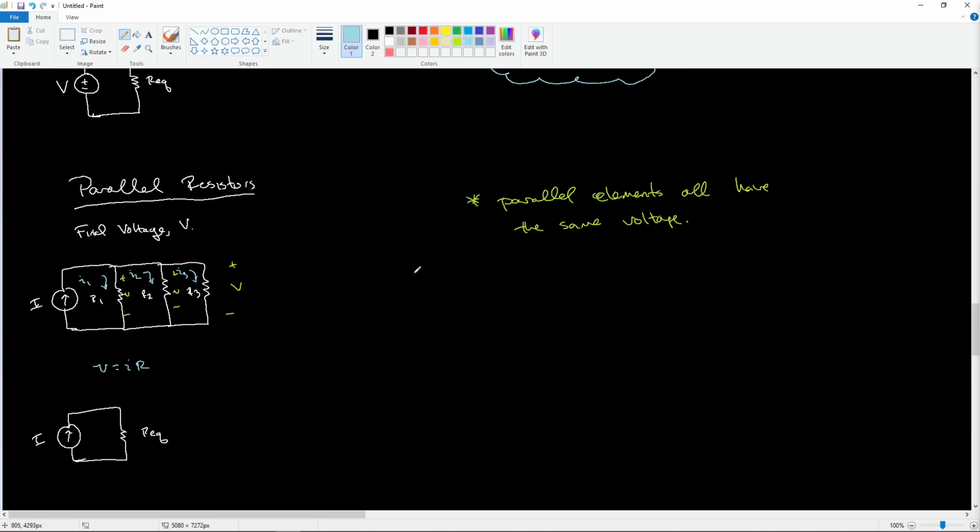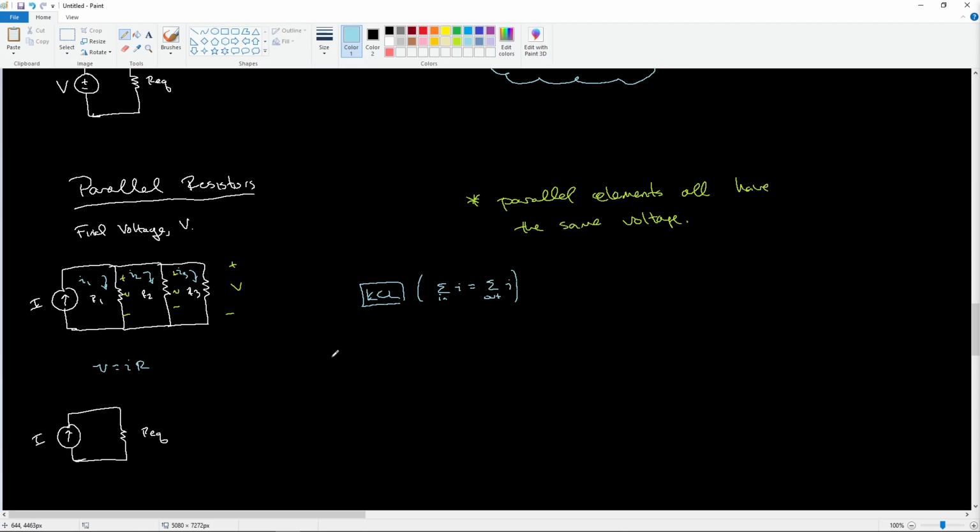So if I do a KCL, looking at this node, our current source I is entering our node. It's supplying current to this node. Let me write: sum of the currents in equals the sum of the currents out.